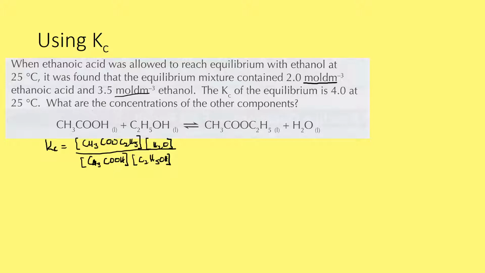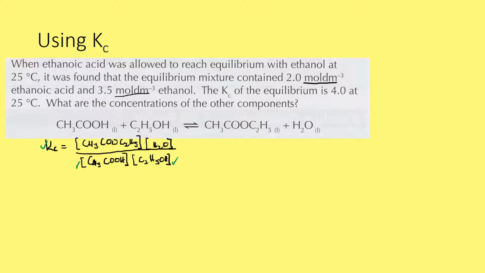There. So that's our expression, and let's see what we've got. It tells us in the equation we have the 2.0 moles of ethanoic acid. So let me just use a green pen. We've got 3.5 moles per dm cubed of ethanol, so we've got this one, and it tells us that Kc is 4, so we have this expression here. So the two that we don't know are these two on top.